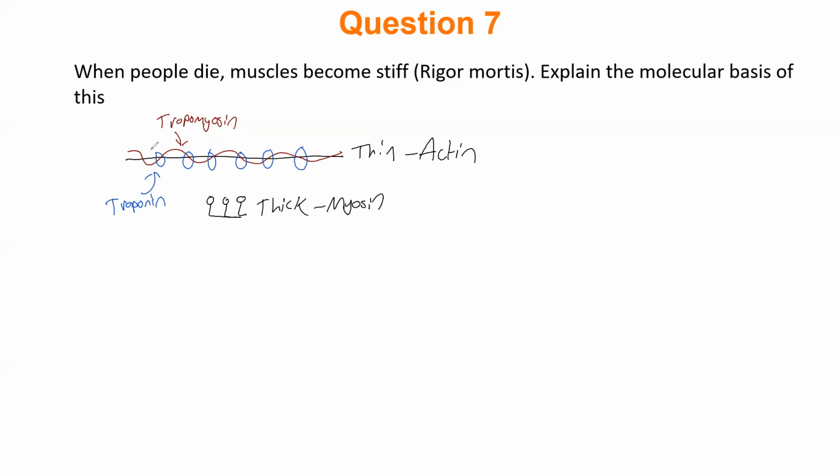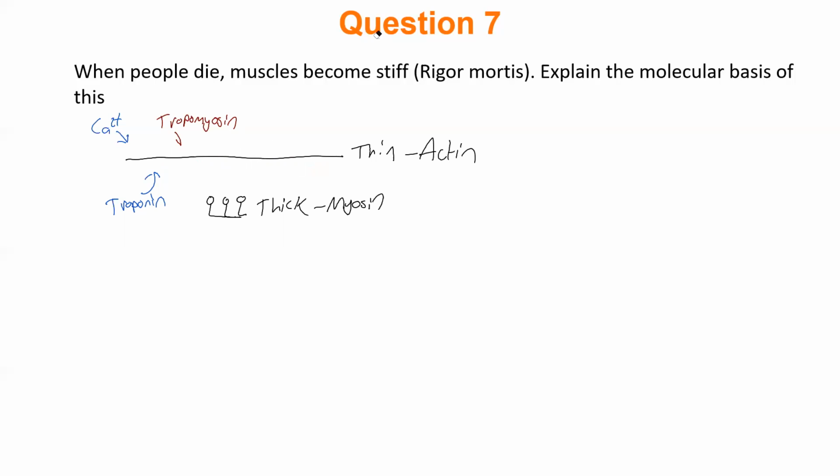However, if you have Ca, calcium, come in, when that comes in, troponin binds it and is removed from actin. And once troponin is removed, tropomyosin is then removed as well. It just falls off.